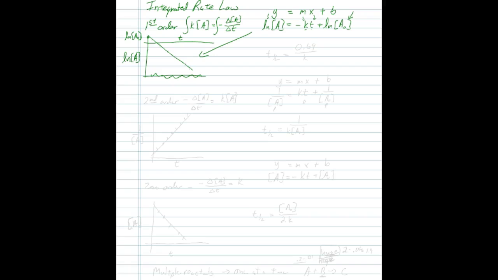The half-life, the time it takes for half the stuff to disappear, is equal to 0.69 divided by K. So those are the two equations you have to work with. Basically you plot data, and if your data falls fairly close to a line of natural log of the concentration versus time, then you can say it's first order.